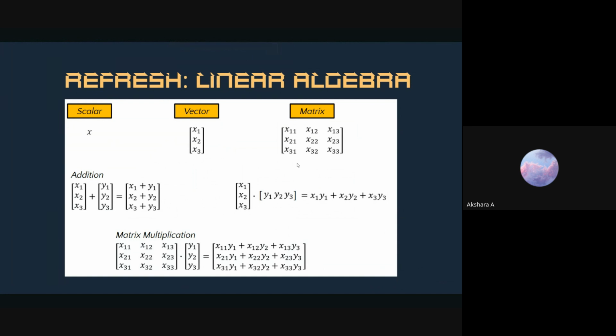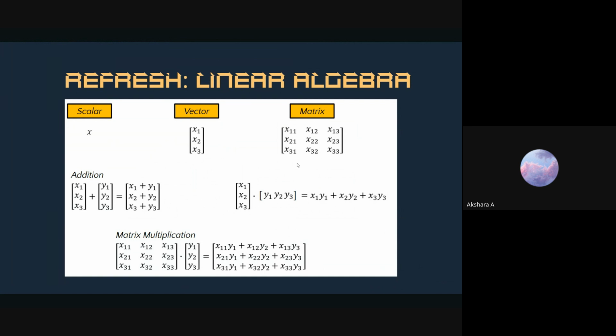Okay. Sorry. So as I was saying, if you multiply a column vector and a row vector with the same height of the column vector as the length of the row, you will get a scalar output. In this case, x1 y1 plus x2 y2 plus x3 y3, which is a single number, defined as a scalar.